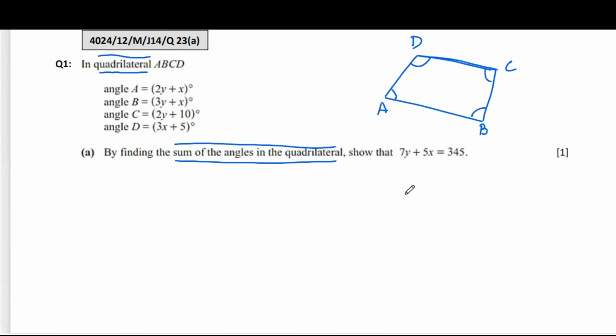The sum of interior angles of a triangle is 180. In this quadrilateral, there are two triangles here.